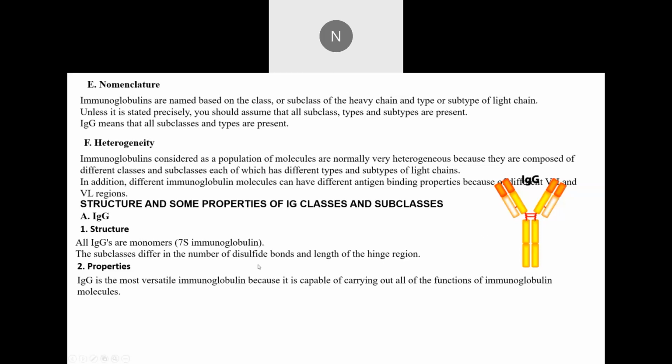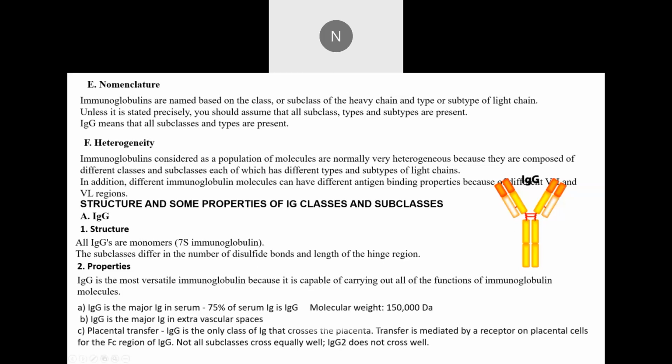It carries out most of the immunoglobulin functions. It is the most common, 75% present in the serum, molecular weight of 150 kilodaltons, and is a major intravascular and extravascular immunoglobulin.